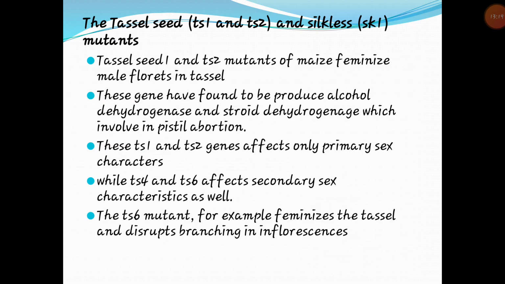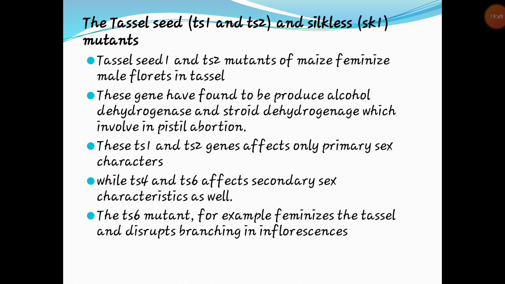Then next, tassel seed and silkless mutants. Tassel seed 1 and tassel seed 2 mutants of maize feminize the male floret in the tassel. The genes have been found to produce alcohol dehydrogenase and steroid dehydrogenase, which are involved in pistil abortion.